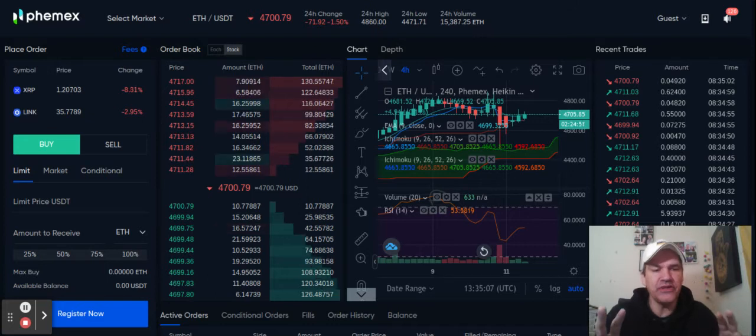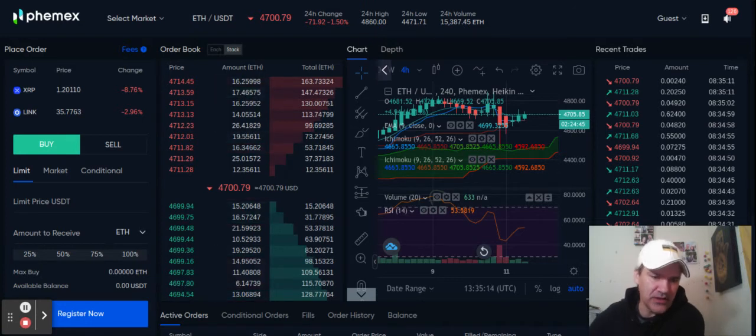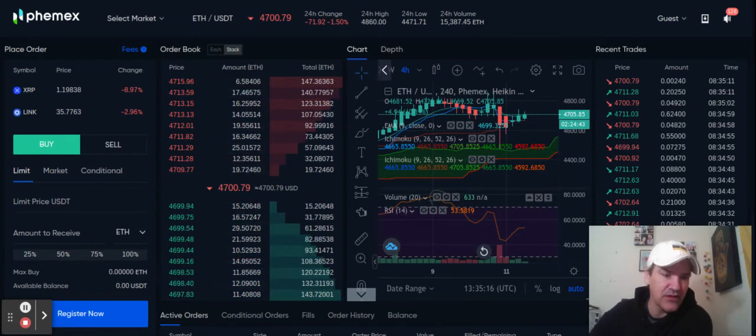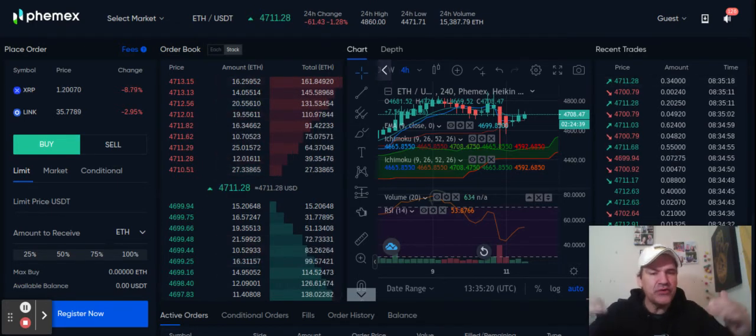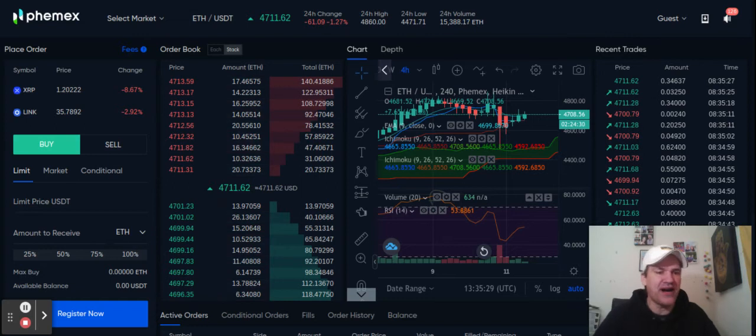What you're doing is averaging in your entries at lower relative strength levels on your momentum chart. So if you continue to accumulate Ethereum below an RSI of 45, 50, whenever it falls to RSI 45, you enter, you buy more Ethereum.